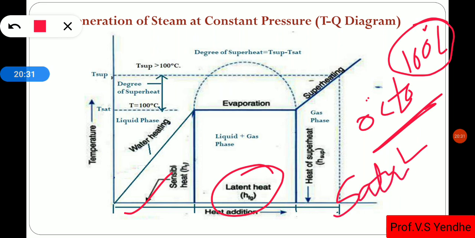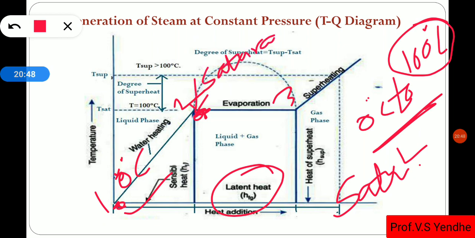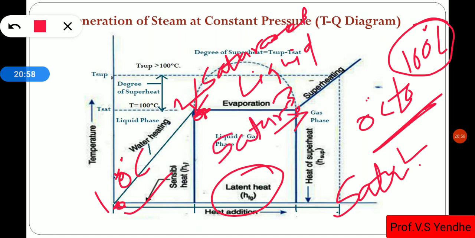That means 2 to 3. Here we will get water at 0 degree Celsius. Here we will get the saturated liquid. And here what will we get? Here we will get saturated vapors, saturated steam or vapors.